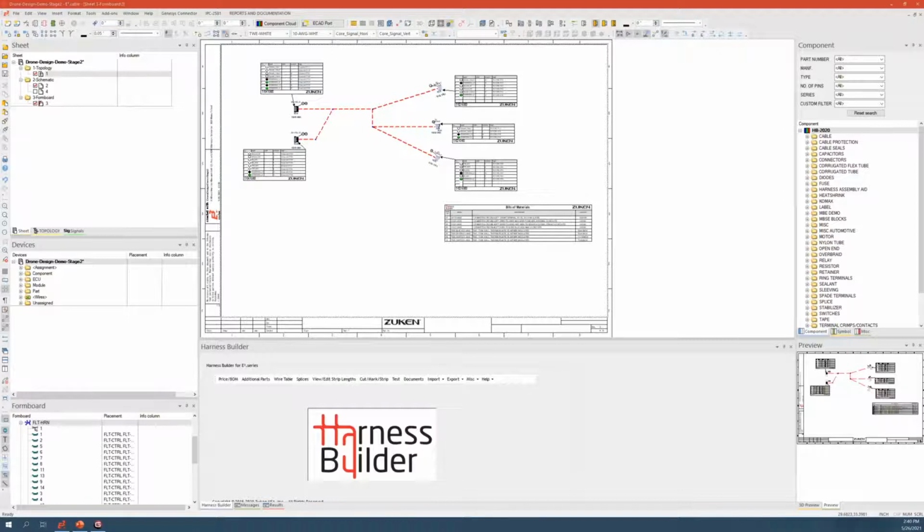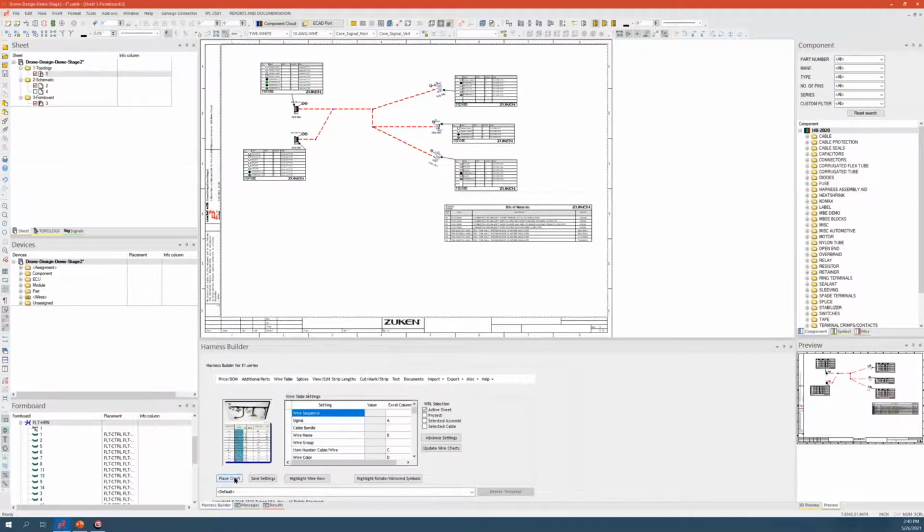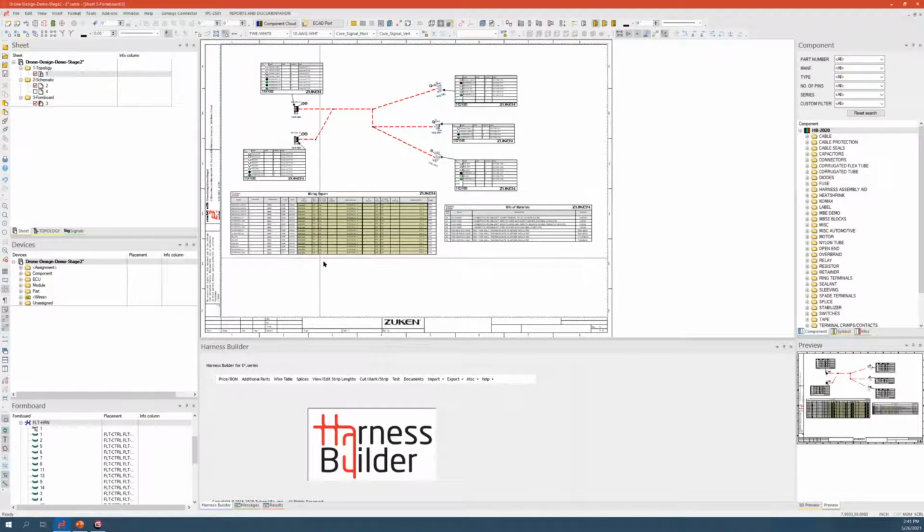So all this information that you might already know, and if you don't, again, we can talk about that in more detail in a separate conversation. We can create some wire tables to make sure that we have the information for cut lengths and descriptions for that. And all of a sudden, we are getting ready to establish our design and start communicating manufacturing.